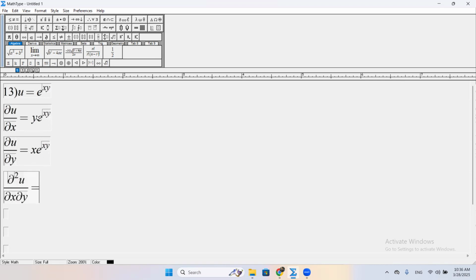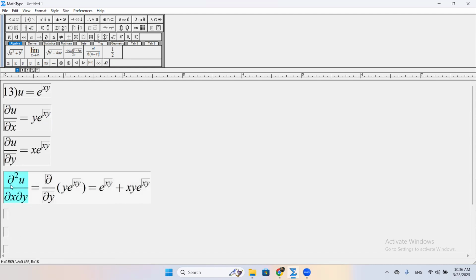So differentiating the first derivative by y, it equals e to the power of xy plus xy e to the power of xy.